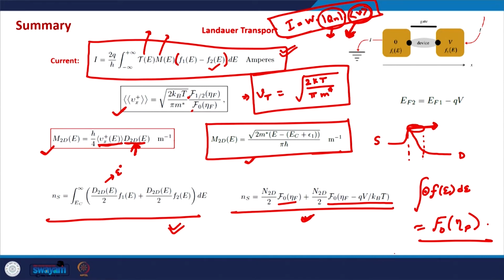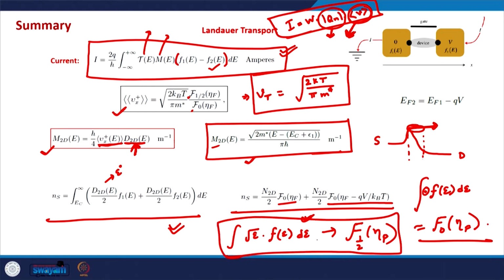When we have, let us say, the number of modes in the current expression, we will have something like this times the Fermi function. This will give us the Fermi-Dirac integral of order half. This is just a small observation, so that once you look at the expressions you can know what kind of thing is going on there.